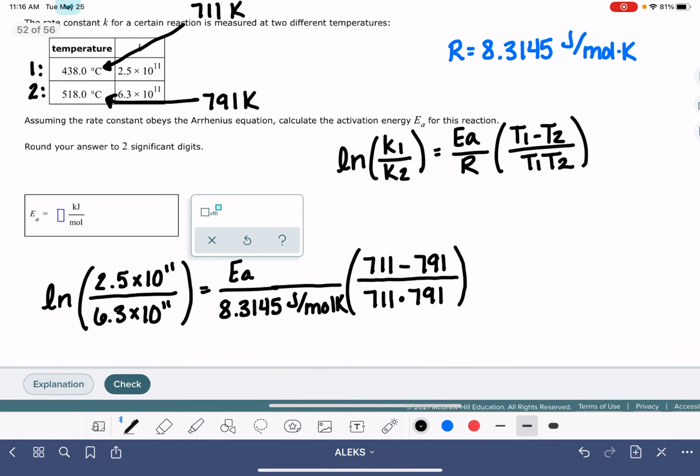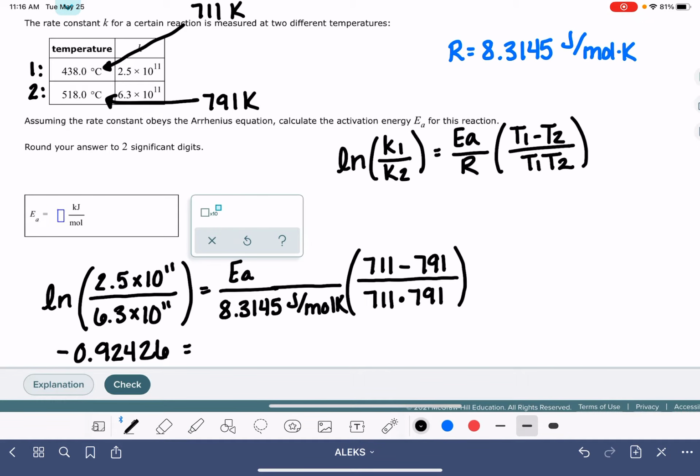And let's work out what we've got so far. So I'm gonna solve this part of the problem. 2.5 times 10 to the 11 divided by 6.3 times 10 to the 11, and then take the natural log of that, and I'm gonna get negative 0.92426.